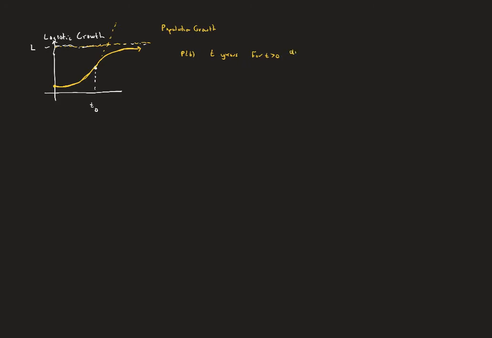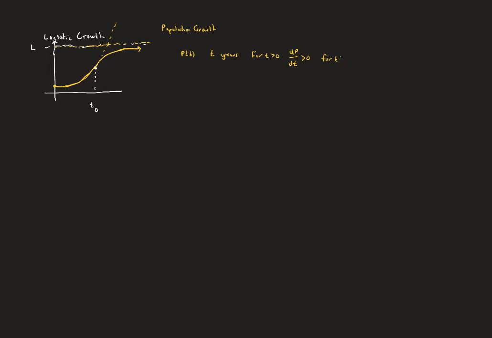So that would mean its derivative, and we can emphasize the dependent variable, population, and the independent variable, time, by calling it dP/dt, is greater than 0 for all values of t greater than or equal to 0, where our population is defined. Now we can also see that it is concave up until we get to t sub 0. So that means we can say for t, what do I want to see?